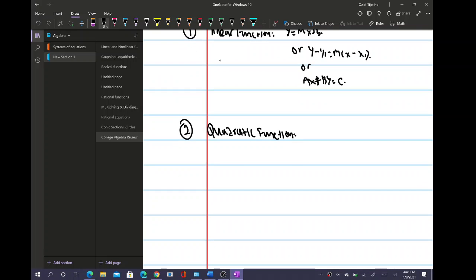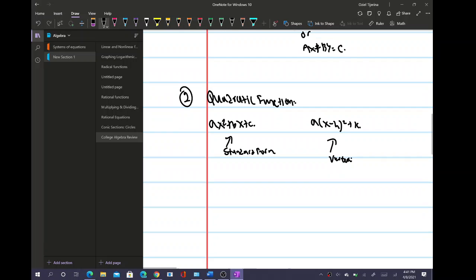That is ax squared plus bx plus c, which is the standard form. And then we have a times x minus h squared plus k, which is the vertex form.